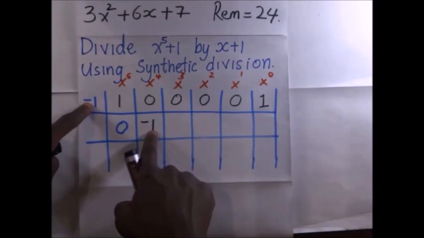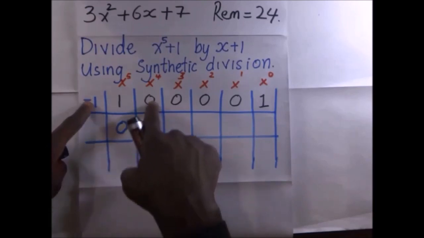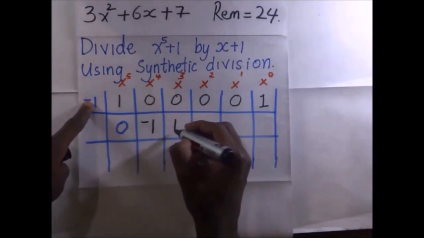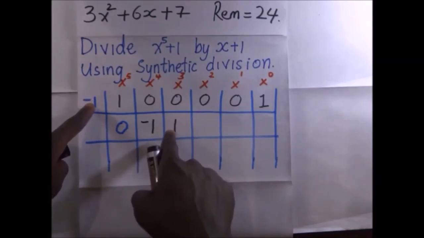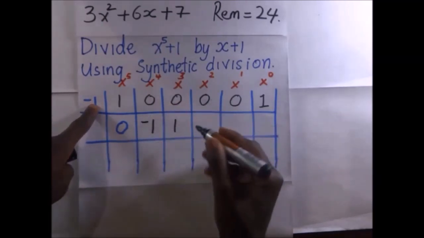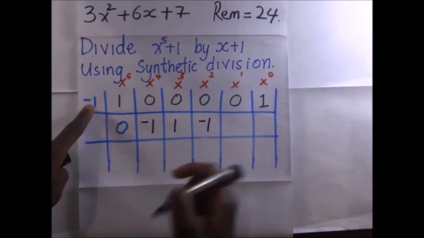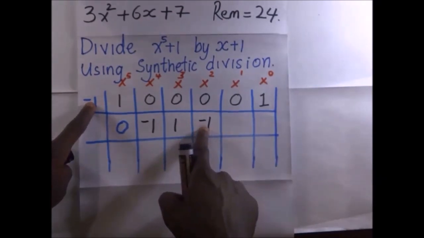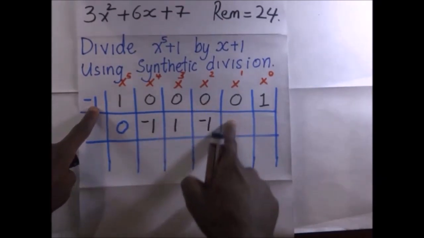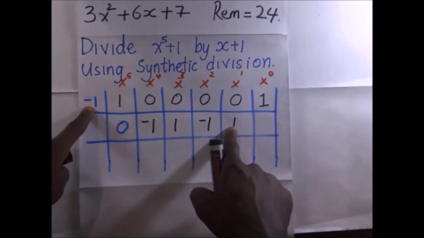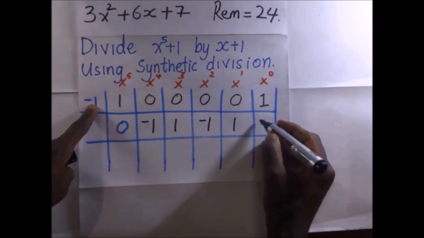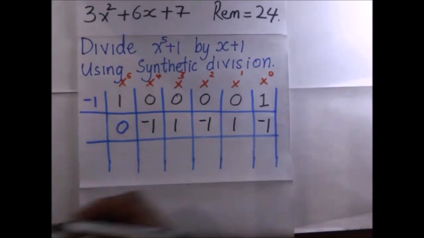Negative 1 times negative 1 plus negative 1 times 0 gives us 1. Negative 1 times 1 plus negative 1 times 0 gives us negative 1. Negative 1 times negative 1 plus negative 1 times 0 gives us positive 1. Negative 1 times 1 plus negative 1 times 0 gives us negative 1.